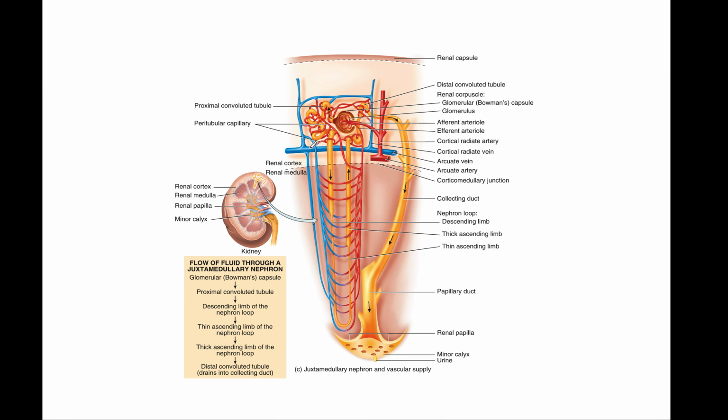Okay, here, this is just a brief review so that you will remember that there are two kinds of nephrons, the cortical nephron and the juxtamedullary. Juxtamedullary are the deeper ones that are closer to the medulla, and their loop of Henle goes deeper into the medulla, and this is where the gradient occurs, as I showed you.